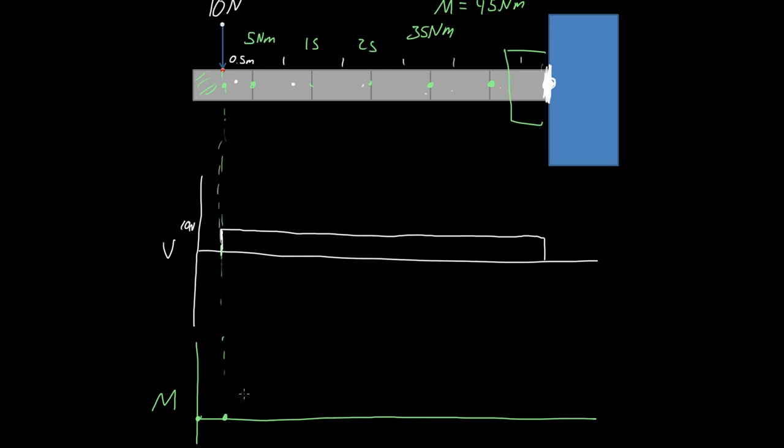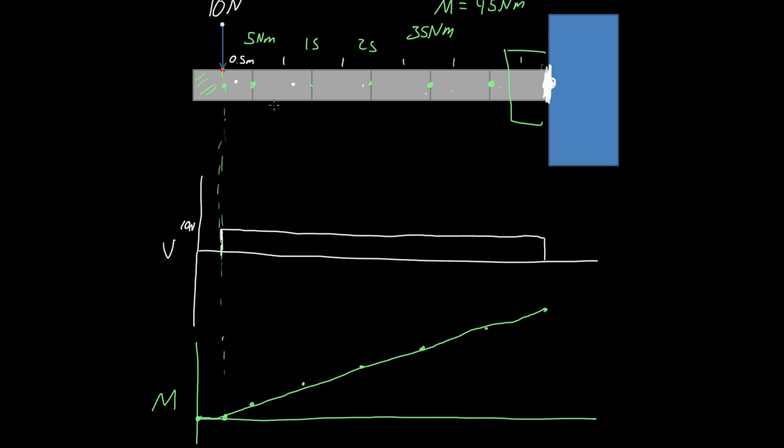But as we go across, we get to 5 Newton meters right here, 15 Newton meters, 25, 35, 45, and 55. So that's our moment. It goes all the way up there.